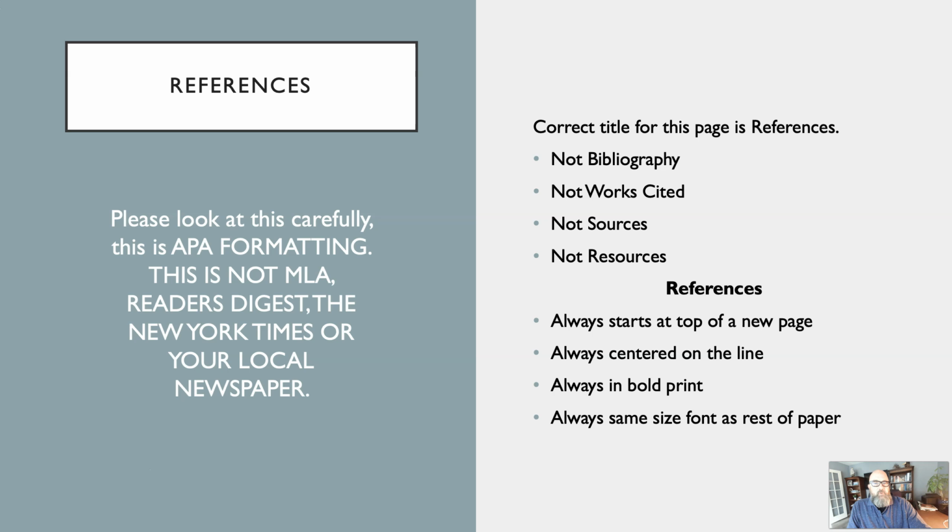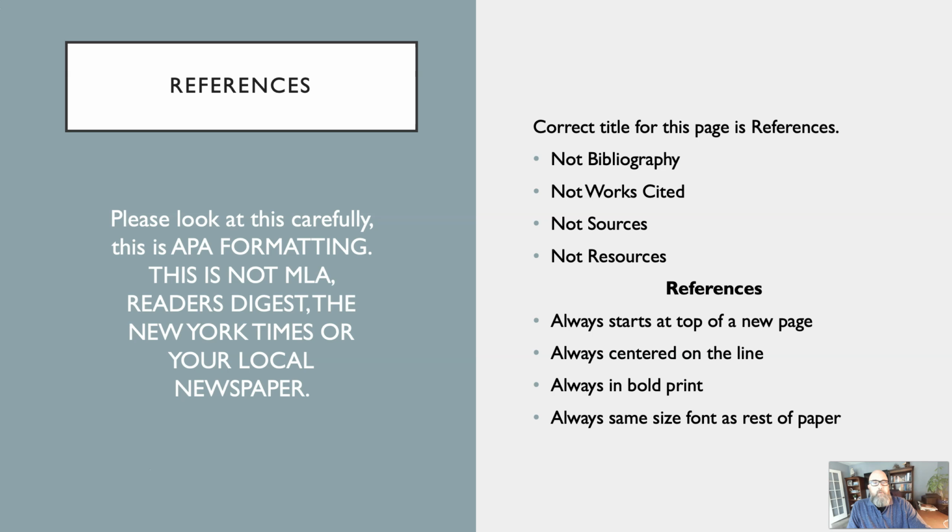Always. Even if you just have a line completing a paragraph in the final part of your paper before the references start, it always starts at the top of a new page. It's always centered on the line, it's always in bold print, and it's the same size font as the rest of the paper.